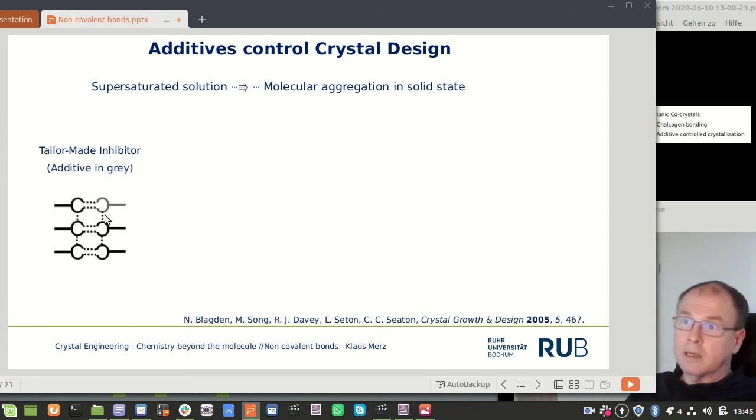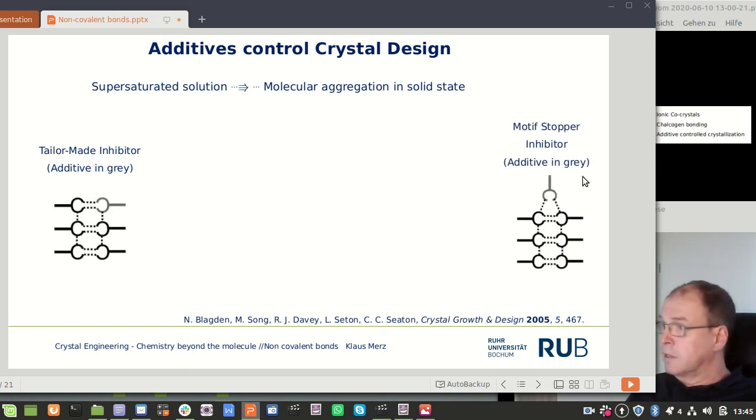So it cannot go on in this direction. This is a cap. No? Inhibitor of crystal growth in this direction. Tailor-made inhibitors. And as here, if this additive is on the top, we have a motif stopper inhibitor.